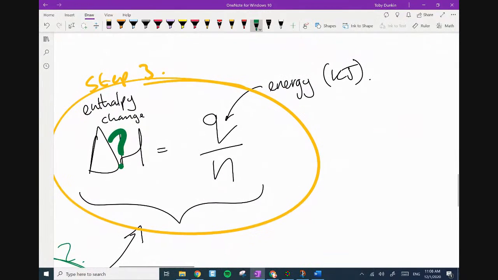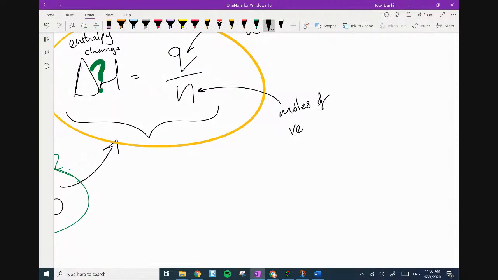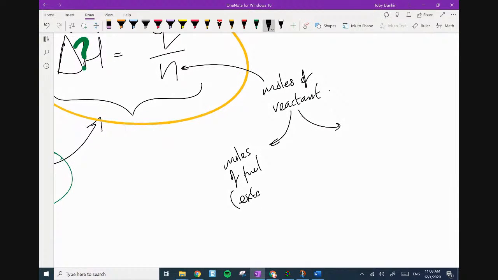Okay, so Q is energy, and now n is moles of reactant. That might be the moles of fuel, or it might also be the moles of the solution, or the substance in the solution, depending on who's in excess.